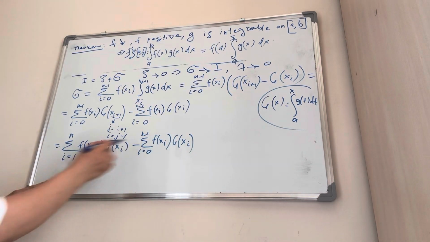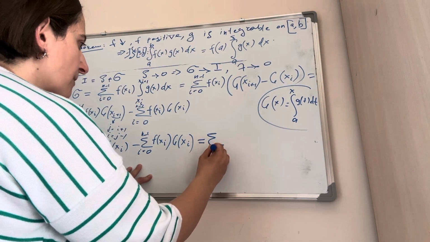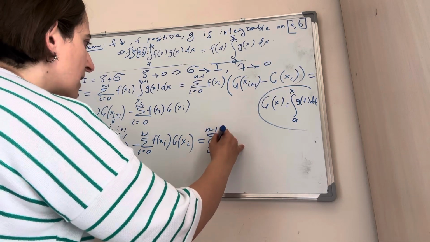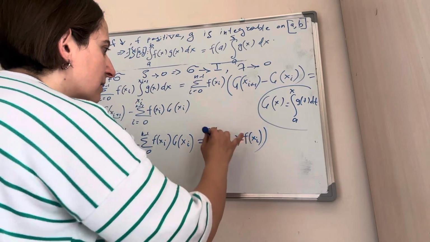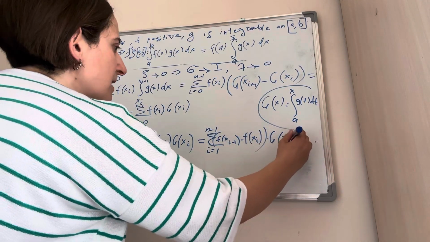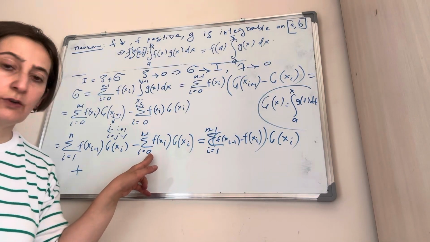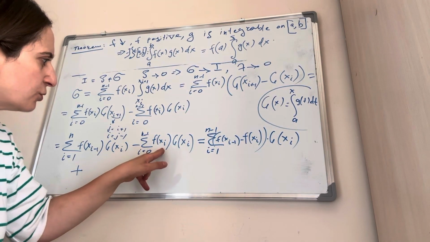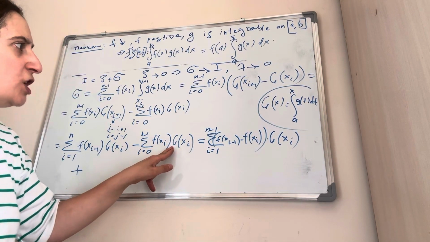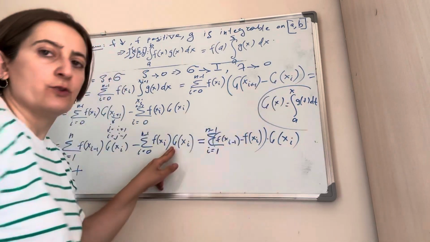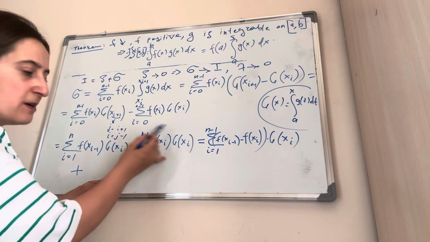Now, this difference can be introduced as the sum, let's take i from 1 to n minus 1, of f at x_(i minus 1) minus f(xi), this difference times G(xi), and then plus, when we have i equals 0 here, we have f at x0 times G at x0, but x0 is a, therefore G of a, and since G of a is 0, we will have 0 for the case when i is 0 here.